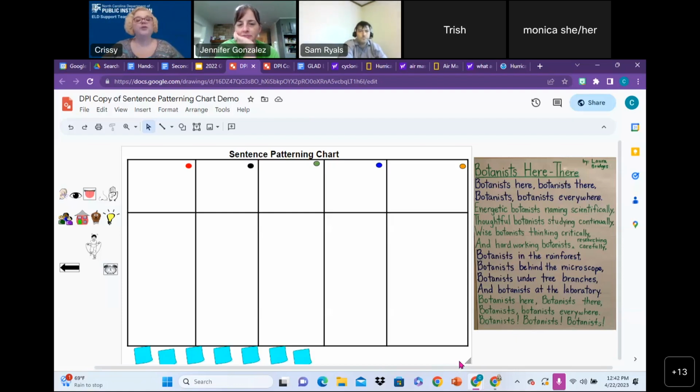So here's the way we're going to do this chant. Botanist here, botanist there, botanist, botanist everywhere. Energetic botanist, naming scientifically. Thoughtful botanist, studying continually. Wise botanist, thinking critically.